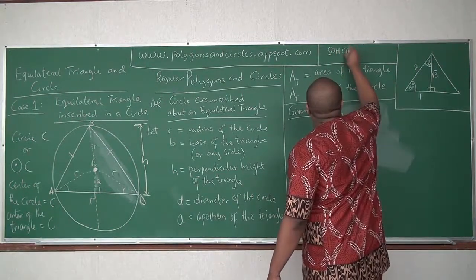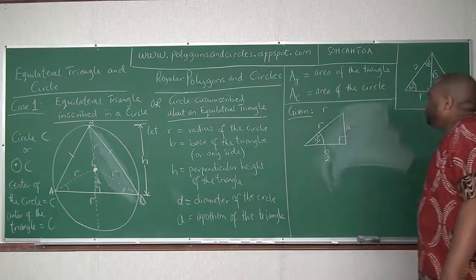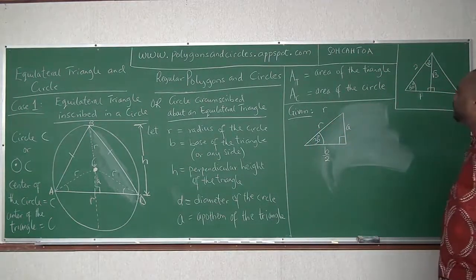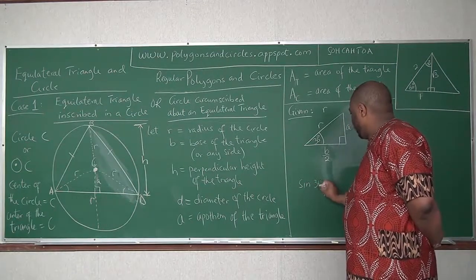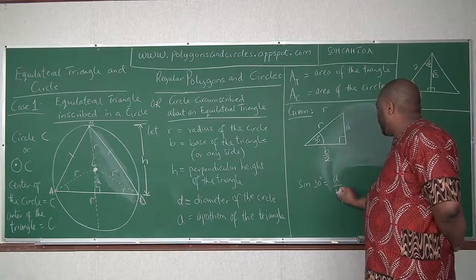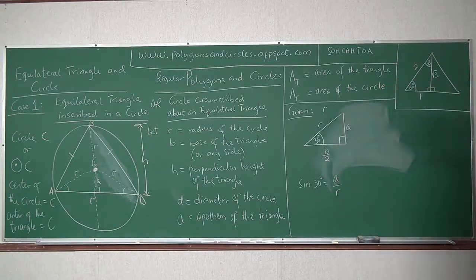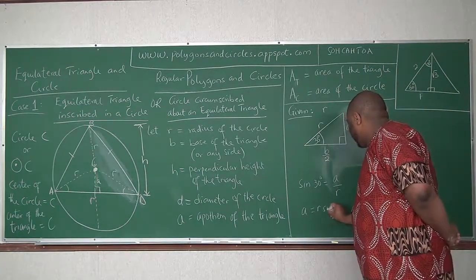We did this in triangles, so you can look at it. So you now have that sine 30 is equal to opposite A over hypotenuse, the radius. So your A will be the radius times sine 30 degrees.